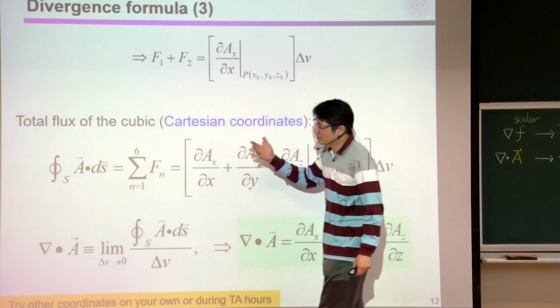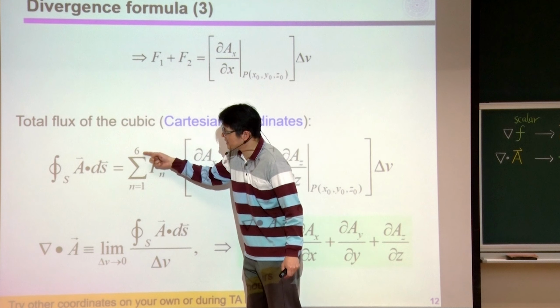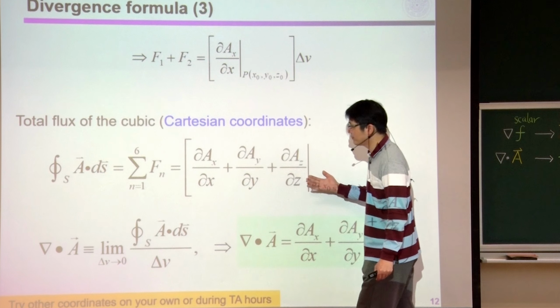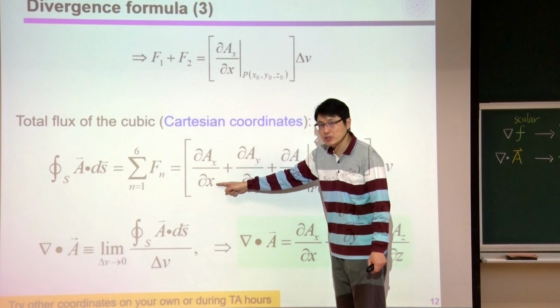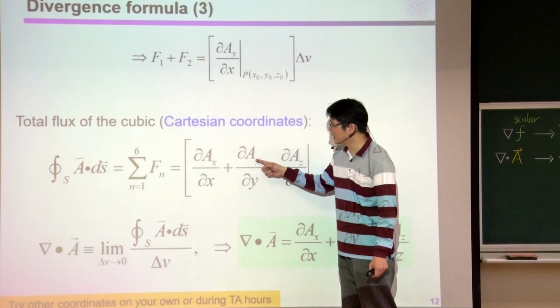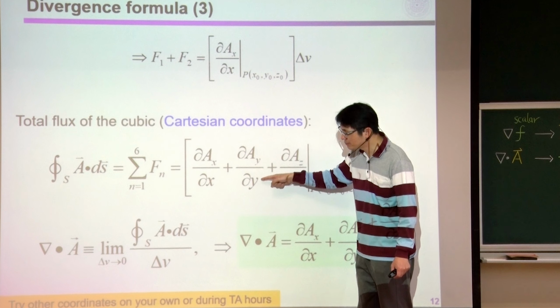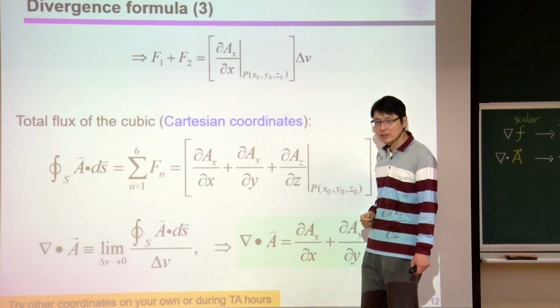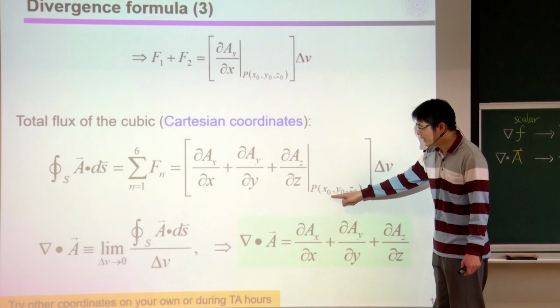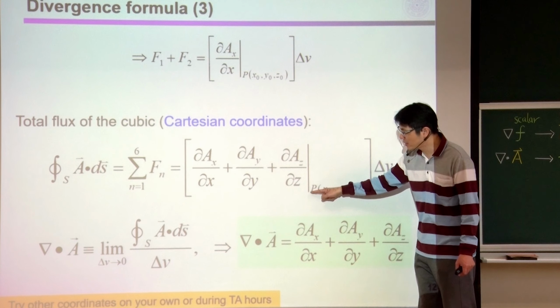Altogether, all 6 surfaces give you the x component having partial derivative to x, plus a y component partial derivative in y, plus az to del z. They are all evaluated at the center point of your cube and together multiplied by the differential value.